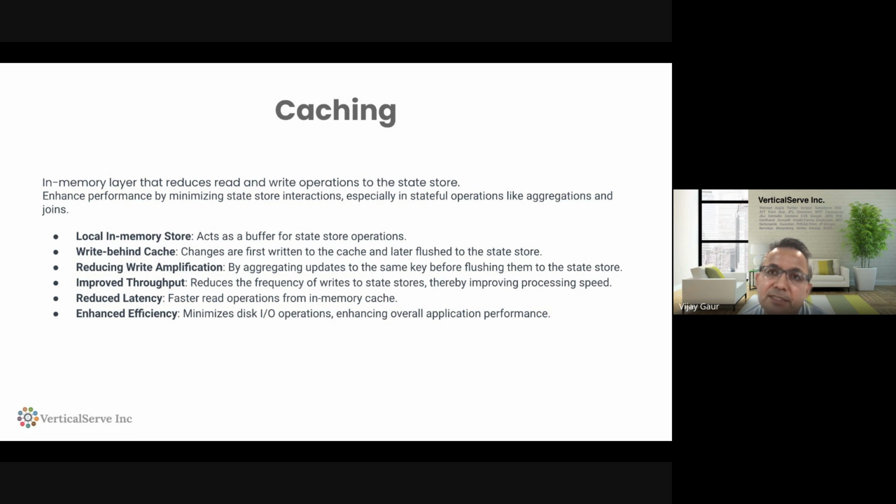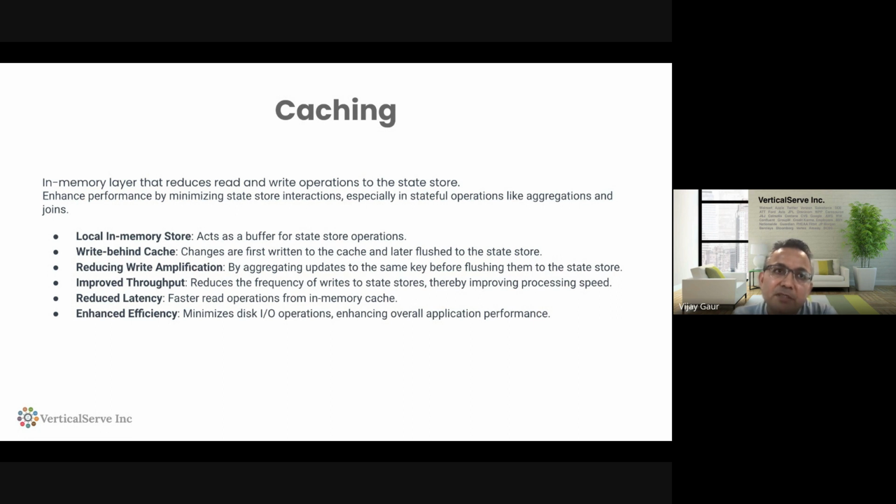Let's say the same aggregate scenario where we were reading the data and writing the data to the state store. When we were reading the data, get k, with the cache there, the stream will first try to look for that key in the cache, and then it will go to the state store, improving the read performance. Same thing with the write operation. Let's say you have the same user key for user 1, the user is browsing and generating a lot of clickstream events.